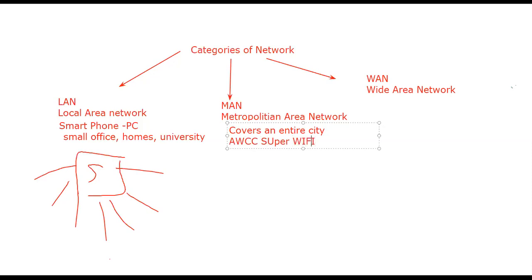This is a very basic example of the MAN, metropolitan area network, available only in Kabul city. This is a wireless network, something called WiMAX. I don't want to talk about WiMAX right now.